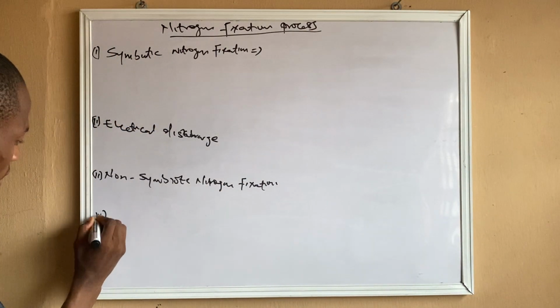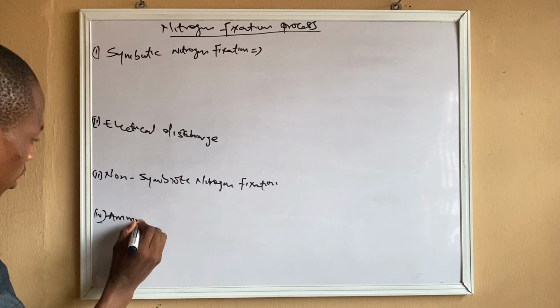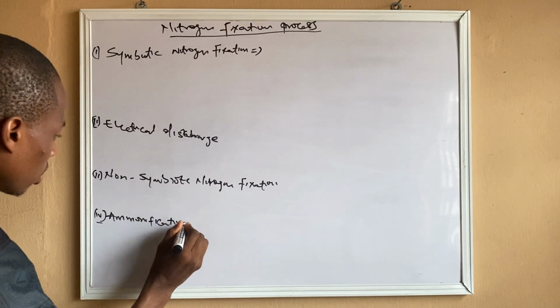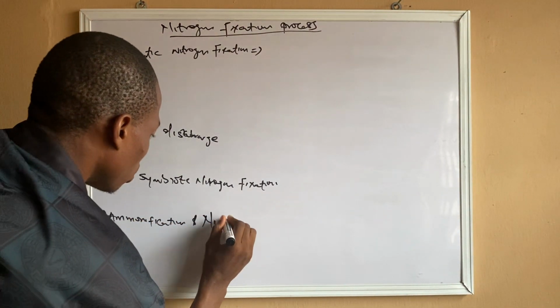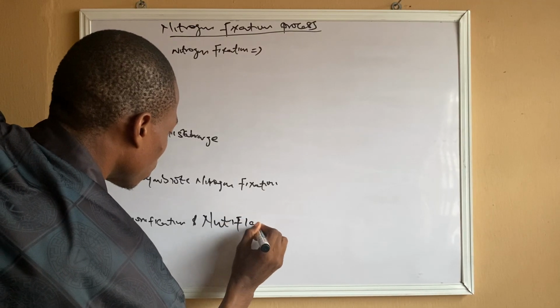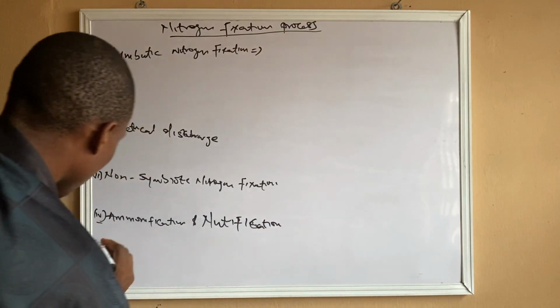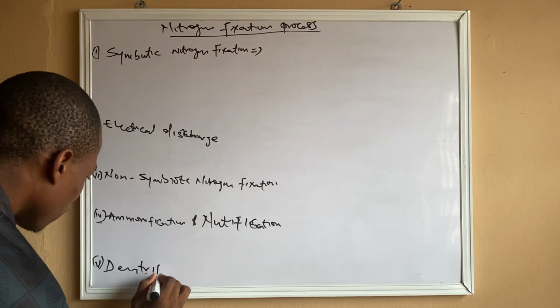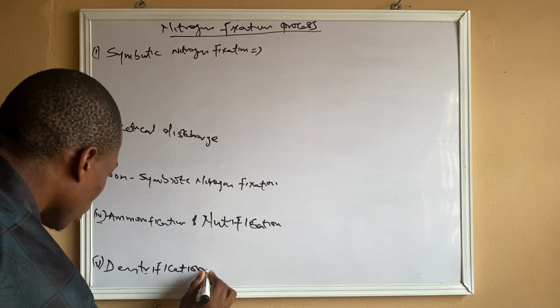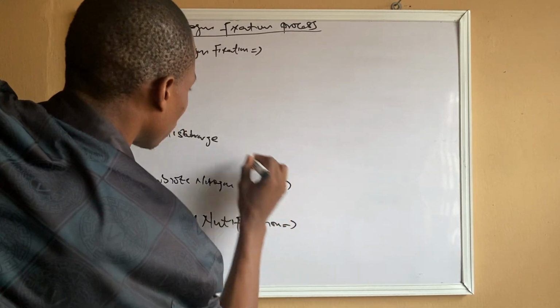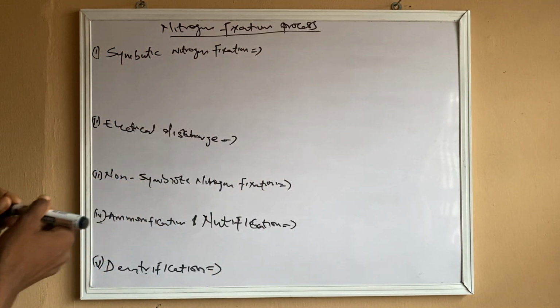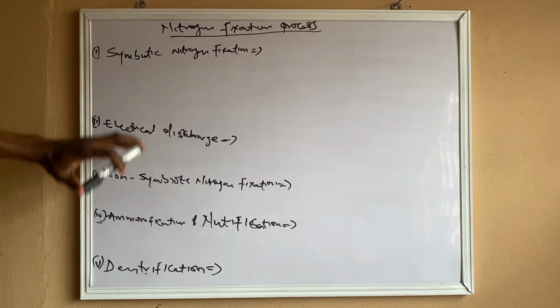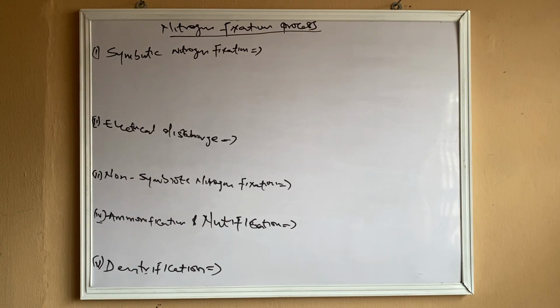Four, ammonification and nitrification. And the last one is denitrification. So let me now explain. These are the five sequences in which nitrogen is being fixed into the soil, or being removed from the soil.